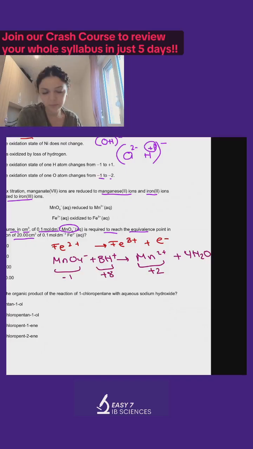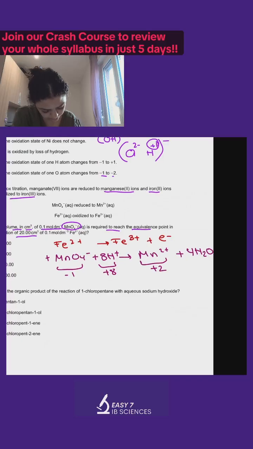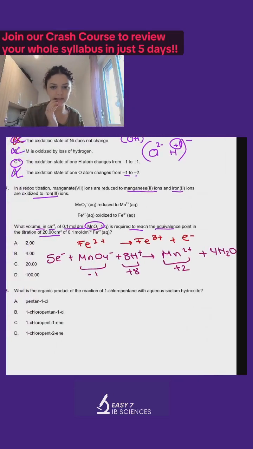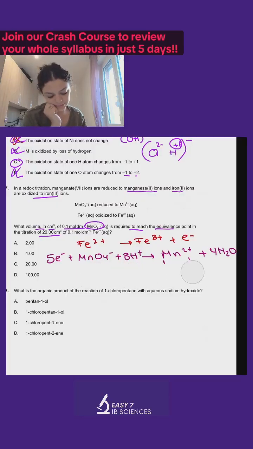So they should be +2 and +2. How many electrons do I need to add here? I believe 5 electrons. So yeah, exactly. 5 electrons will give me an overall charge of +2 on the right-hand side, and also an overall charge of +2 on the left-hand side.